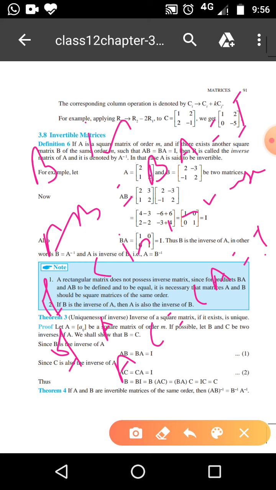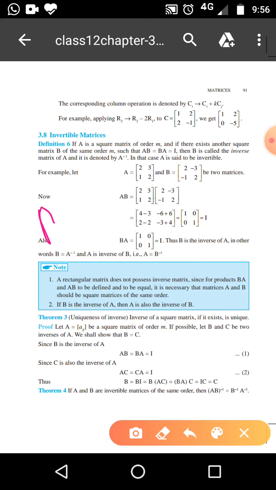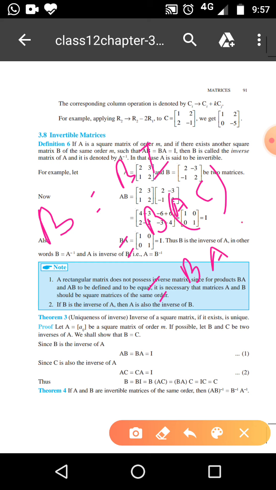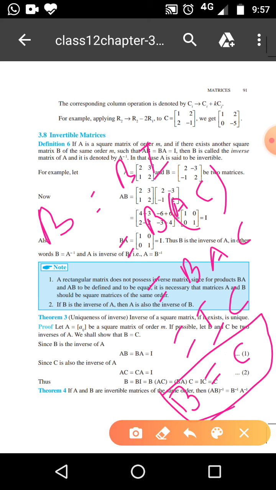Now we consider B = BI, and I = AC, so B = B(AC). Since BA = I, this is IC, and this is C only. So we supposed there are two inverses, but we proved that both inverses are the same.